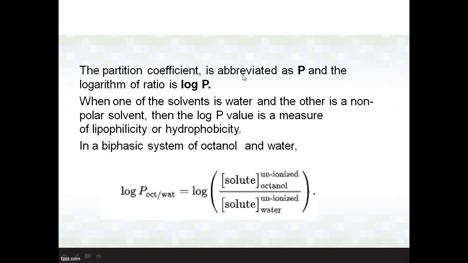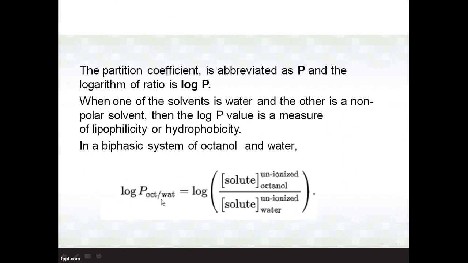Partition coefficient is abbreviated as P and the logarithm of the ratio is log P. So when one of the solvents is water and the other is a non-polar solvent, then the log P value is a measure of lipophilicity or hydrophobicity. In a biphasic system of octanol and water, you can see here how we can write the expression for partition coefficient.